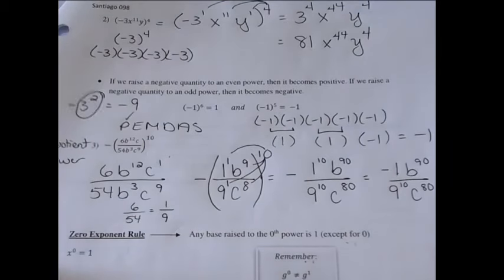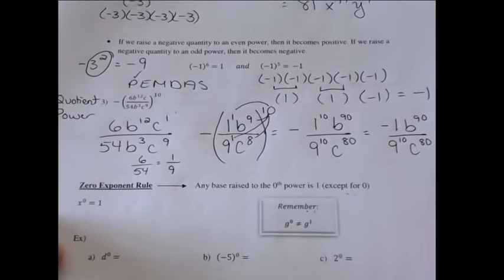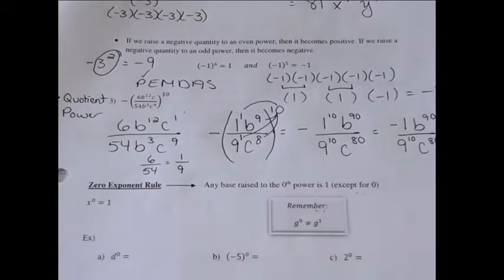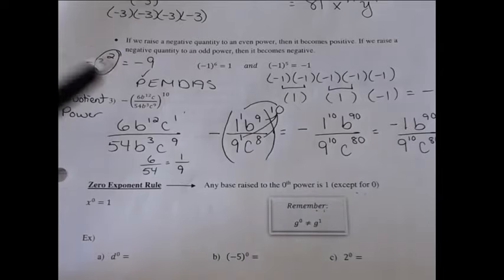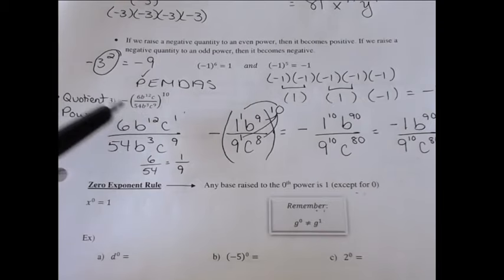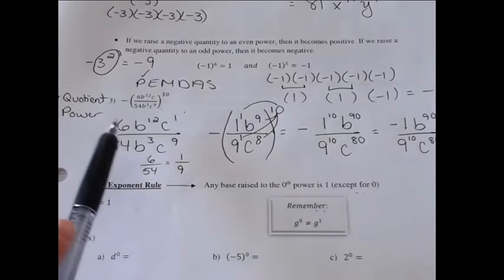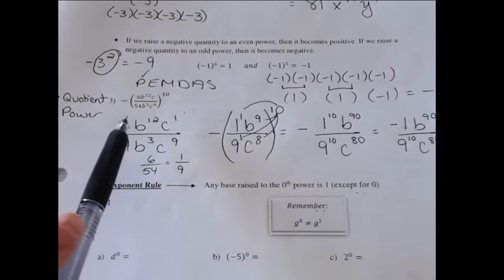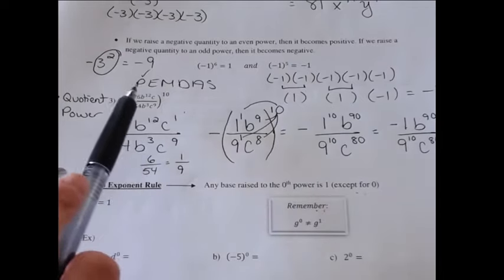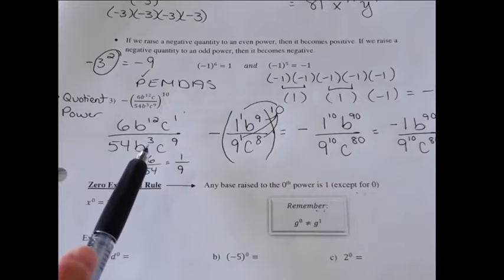Notice for number 3, we wanted to use a different strategy, and that is to apply the order of operations first. By applying the order of operations first, we simplified inside the set of parentheses to start the problem. In yesterday's class, I rewrote the contents of that set of parentheses.